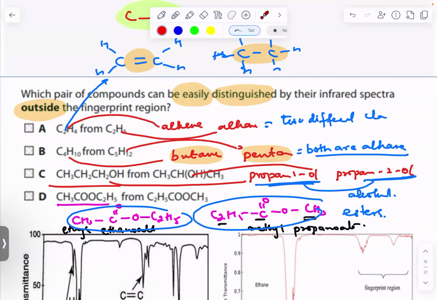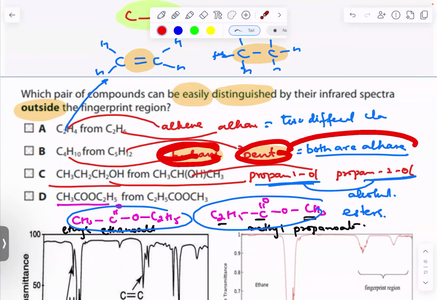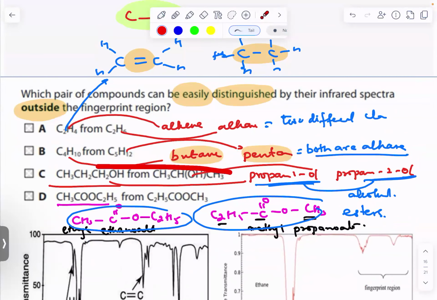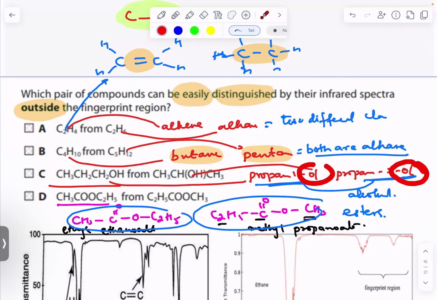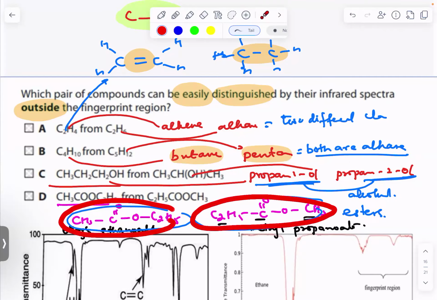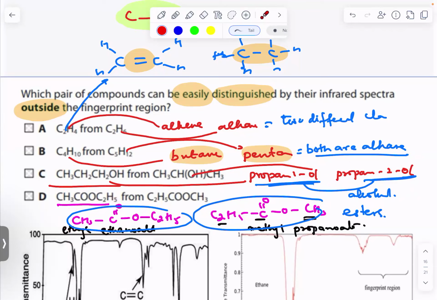However, there will not be a clear difference between pentane and butane because they both are alkanes. There would not be a clear difference in the IR spectrum of propan-1-ol and propan-2-ol because they both contain ol. There would not be a clear difference between ethyl ethanoate and methyl propanoate because they both contain ester group. So which one can be easily distinguished, alkane and alkene?